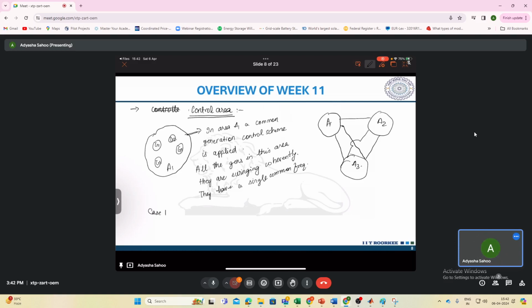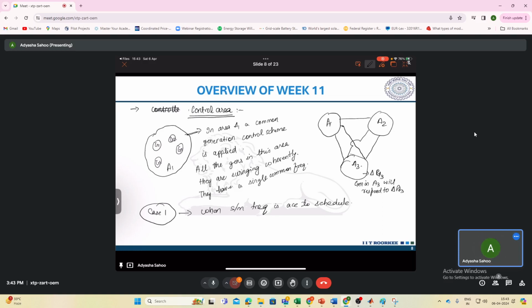Case 1 is when the system frequency is according to schedule. That means whenever there is a disturbance, let's say delta PD3 in area 3, the generators in area 3 will respond to delta PD3, and they will regulate the frequency here.